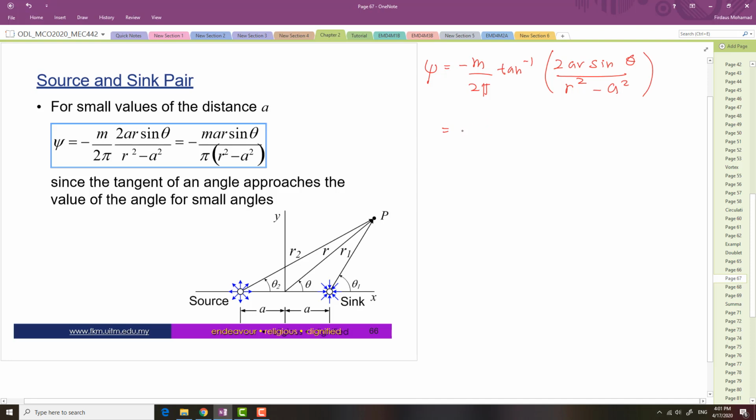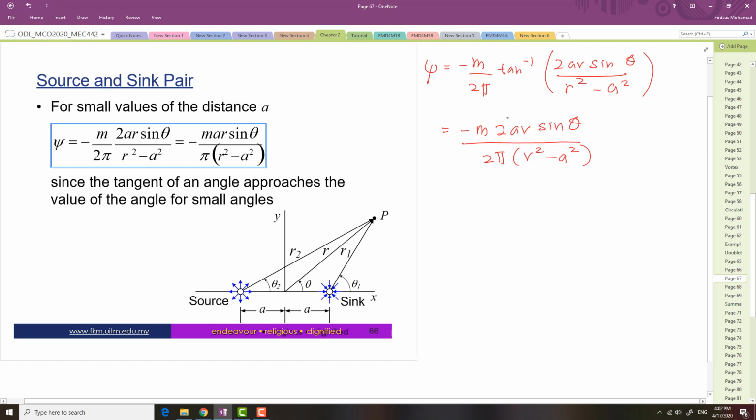so it is equal to negative m times 2ar sine theta over 2 pi times r square minus a square.